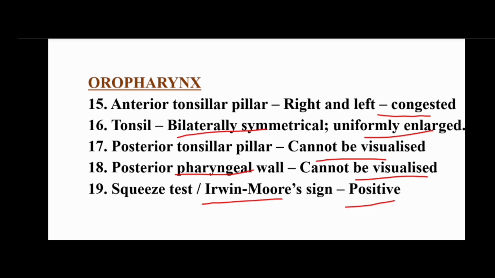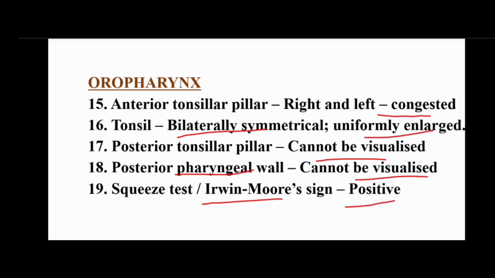And the squeeze test, Irwin Moore sign, is positive. In viva, most of the questions related to tonsillitis ask whether Irwin Moore's sign is positive or not. What is the squeeze test, what is Irwin Moore sign, they will ask in viva.